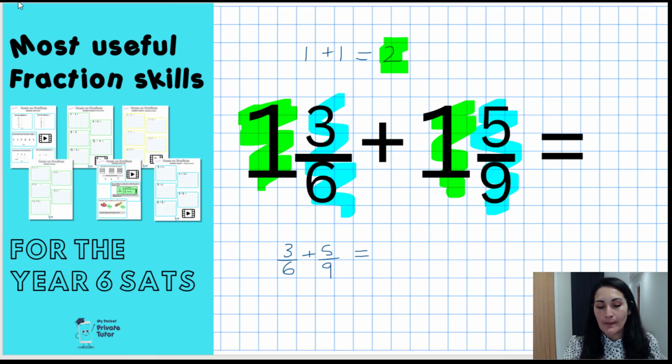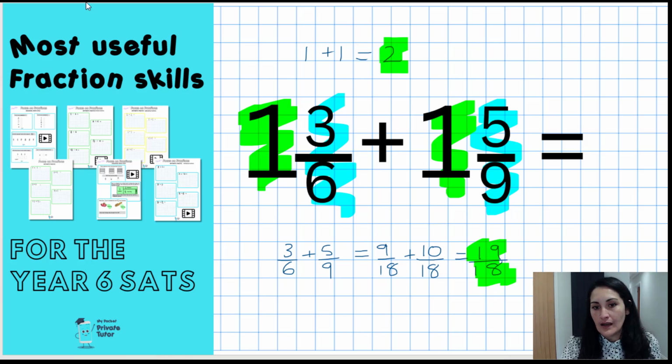We can't add them as they are, so we're going to find equivalent fractions. I'm going to make them both have denominators of 18, and that would be 19/18. So far all of these calculations are correct.